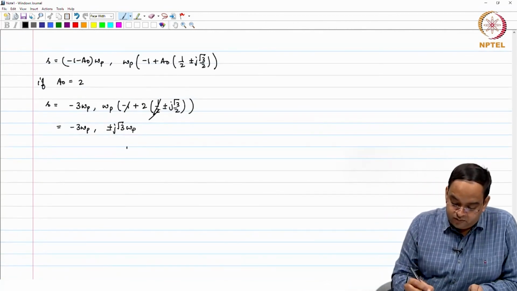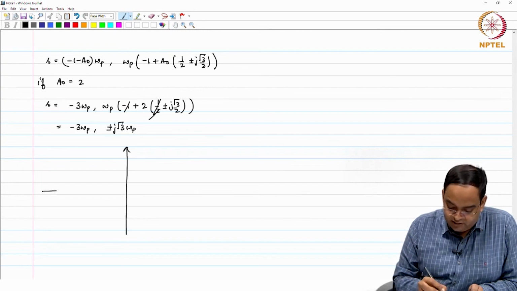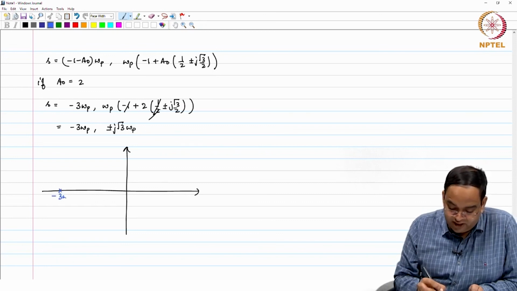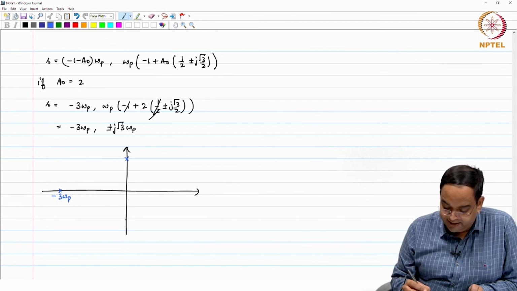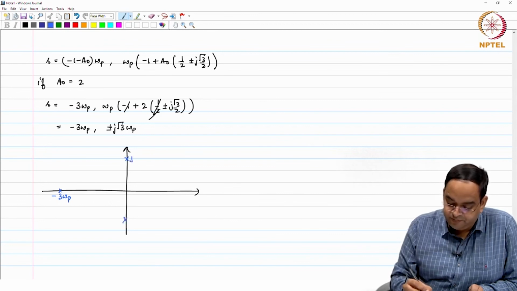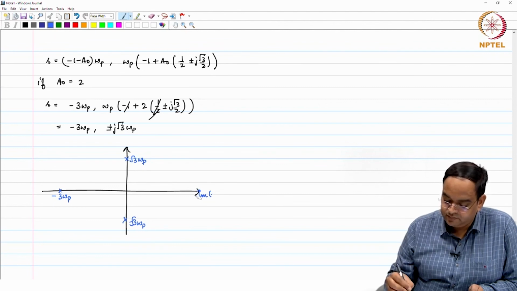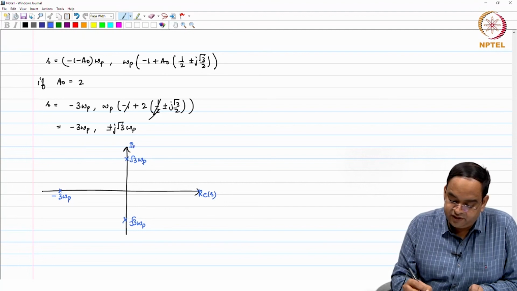So, if you look at it, the location of the poles: you have one at minus 3ωp and the other two poles are on the jω axis. This is real of s, this is imaginary of s.